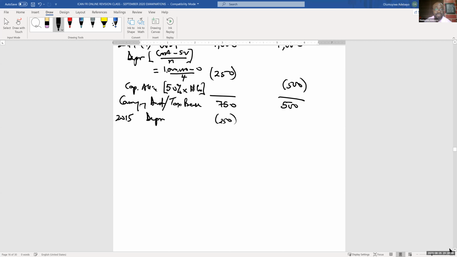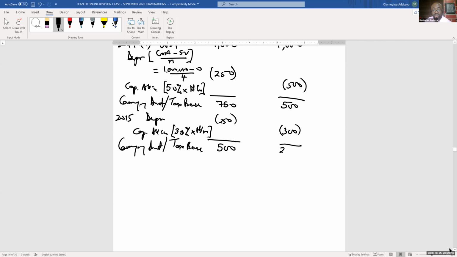Whereas my capital allowance for year 2 is 30% of 1 million, which is 300. At the end of the day, my carrying amount is 500, while my tax base is 200.